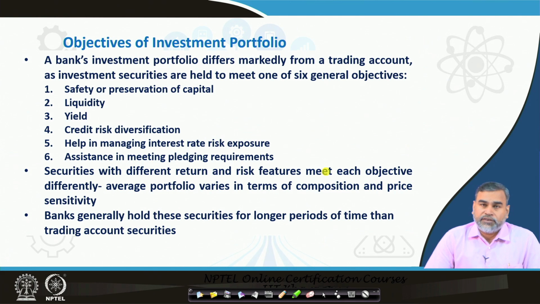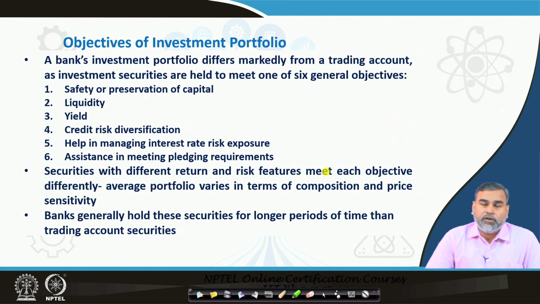If you think about the broad objective of the commercial banks, first of all it is the safety or the preservation of capital. Whatever capital, equity or debt the commercial banks have, how can the capital be preserved in such a way that the stability or safety of the commercial bank is maintained?